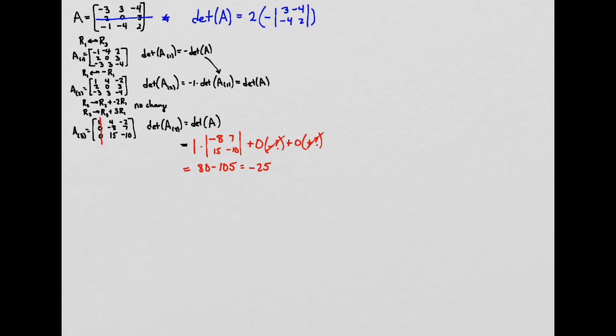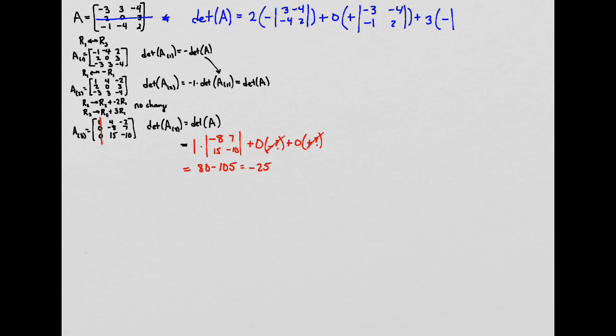And then I'm going to add 0 times the second cofactor. So if I get rid of the middle column, -3, -4, and -1, 2. So that's the minor matrix. And I have a positive term for the cofactor. And our last number is 3 for the row. And we're now on a negative term for the cofactor.